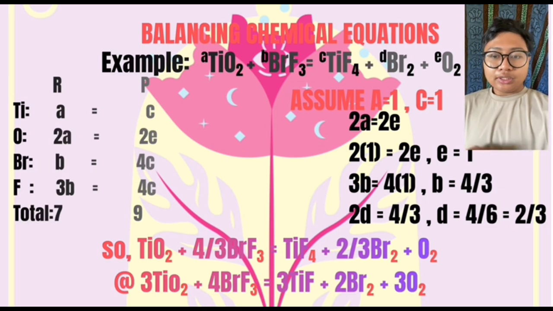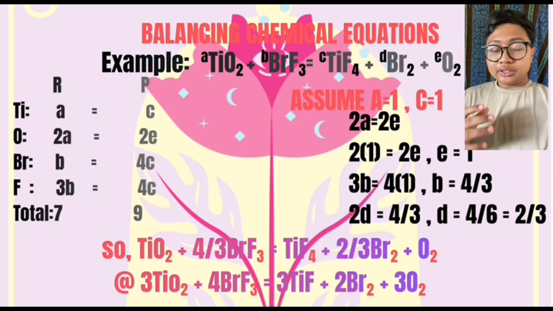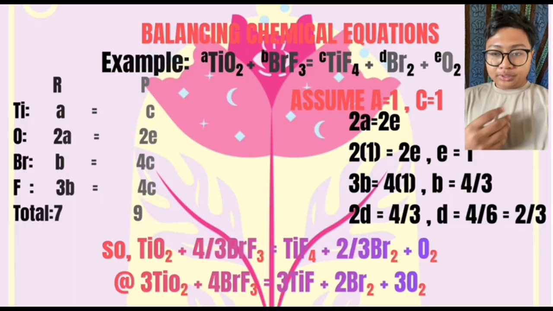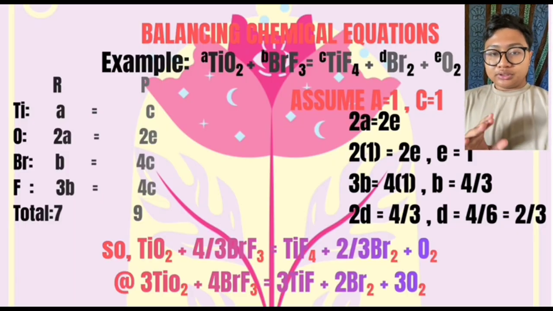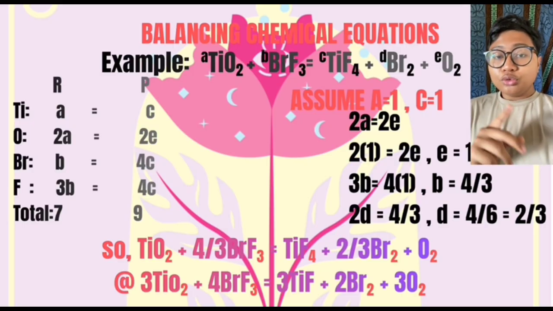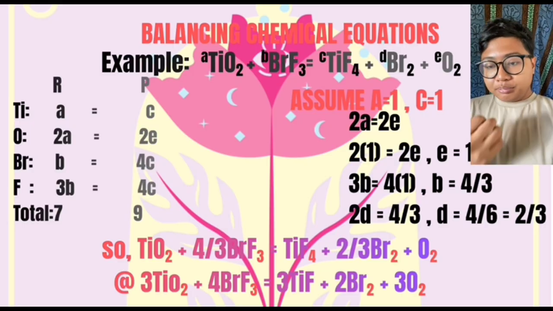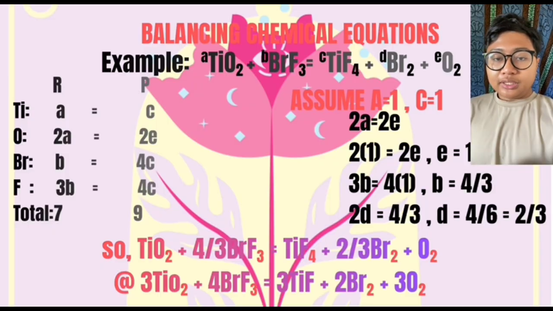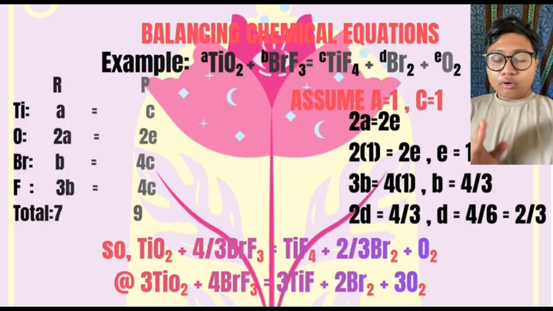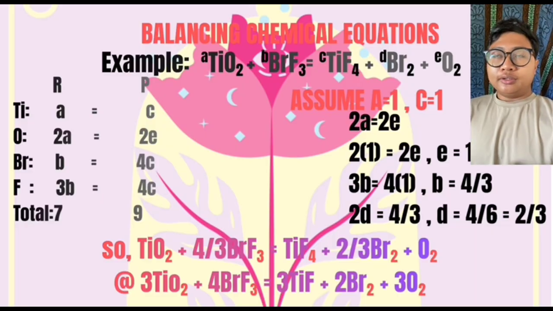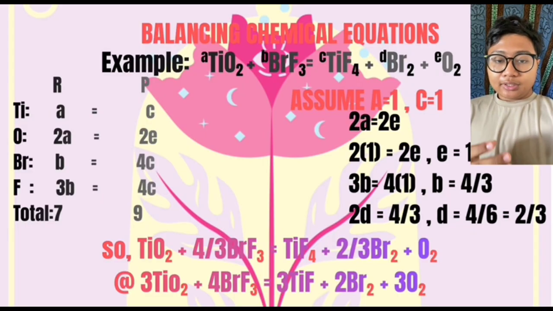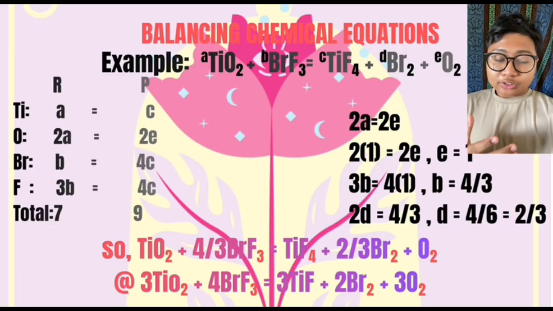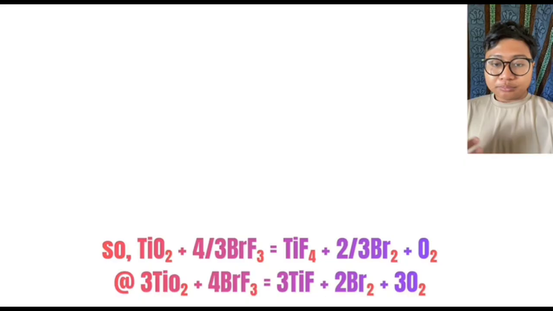Then 3B equals 4C. We already know that C is 1, which means B equals 4 over 3. Finally, 2D equals B, and B is 4 over 3, which means that D is equal to 4 over 6, and we can simplify it as 2 over 3. Hence, we can write the equation as given.